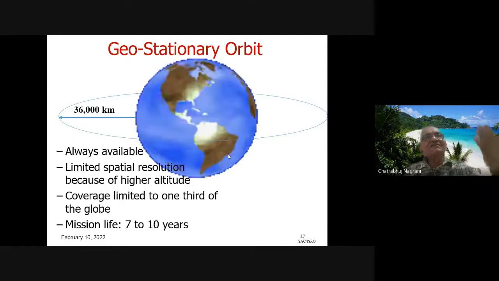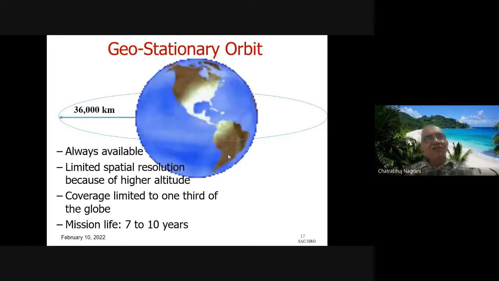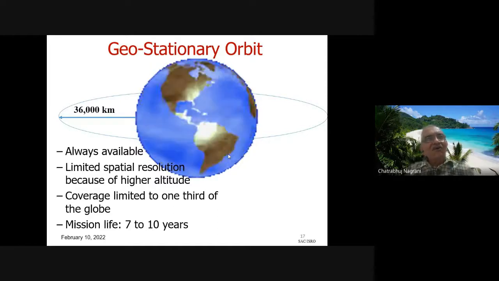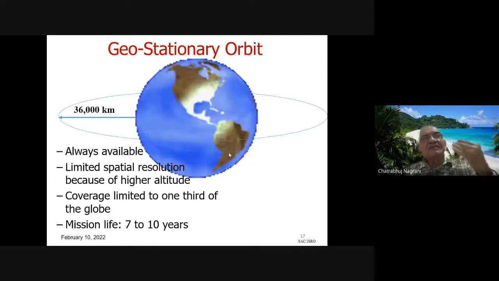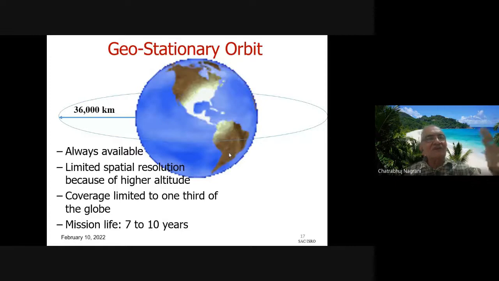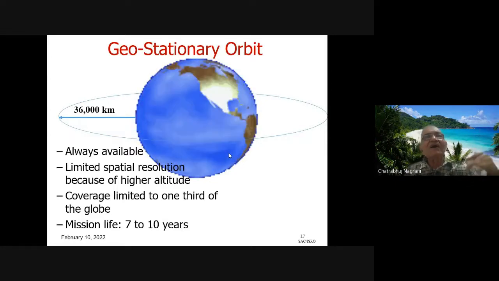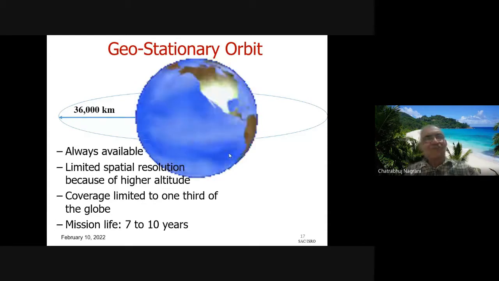Every day you must be seeing pictures by IMD when a tornado or hurricane is there, how it is moving, where it will go. All those details are obtained from our INSAT 3D and 3DR satellites. Earlier it was Kalpana, which lived for a very long time. Now it has been put to rest.